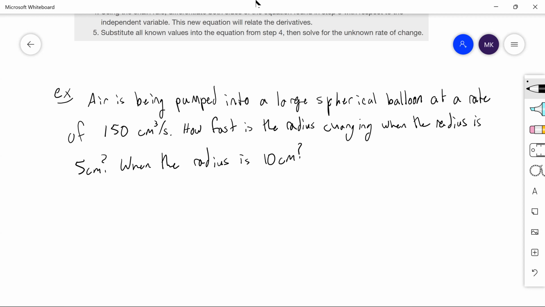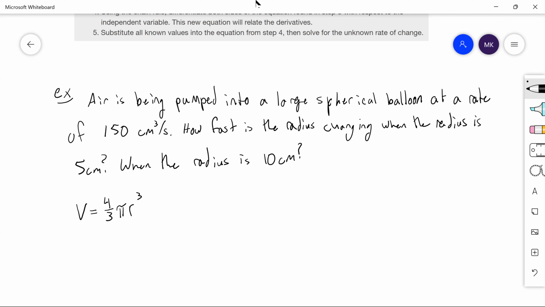We know that the volume of a balloon is equal to 4/3 pi r cubed. And its units are going to be in units cubed, in this case, centimeters cubed.